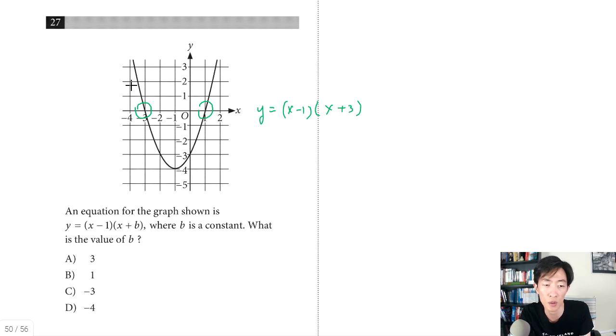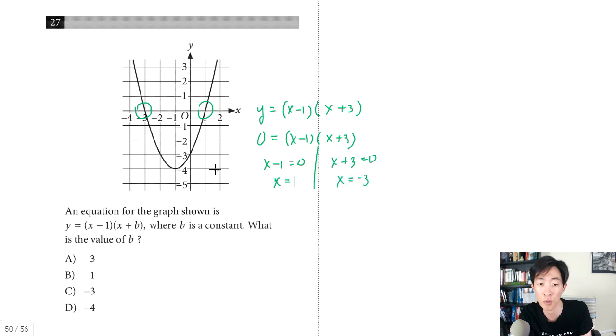Because when the graph crosses the x-axis, that means y is equal to 0, and you guys know from doing quadratics that if you've got two factors multiplied together and the product is 0, either x minus 1 equals 0 or x plus 3 equals 0, and therefore x is either equal to 1 or x is equal to negative 3, which is exactly what we see on the graph.